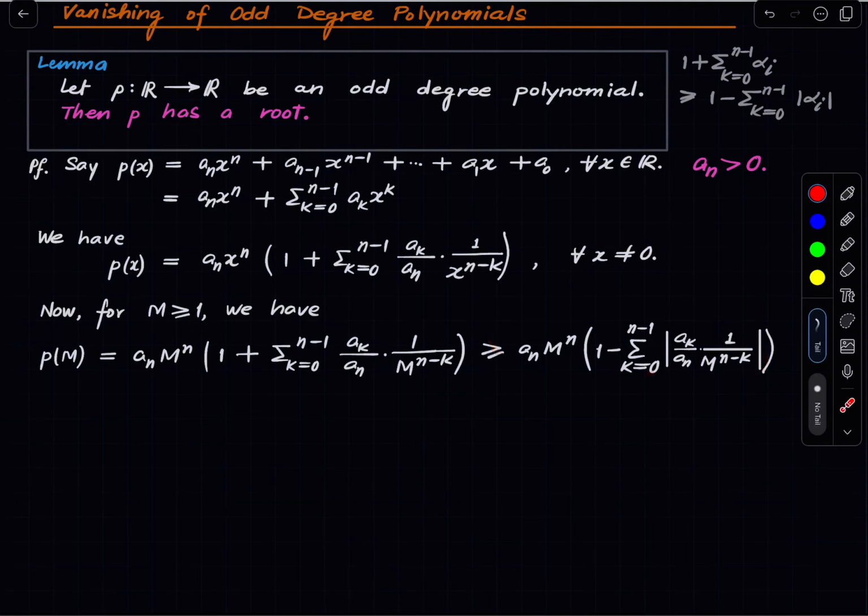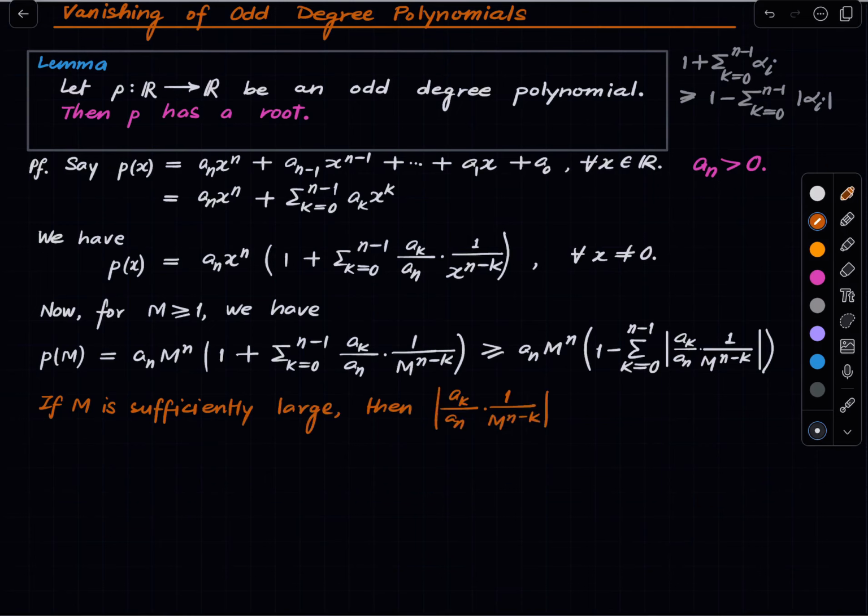But now here is the point. If m is a very large positive integer, then this is very small, and therefore this is very small. So if m is sufficiently large, then this is all that you need to justify, that if m is very large, then this thing is less than some convenient value.